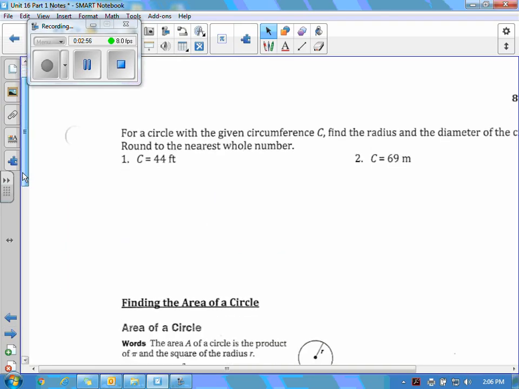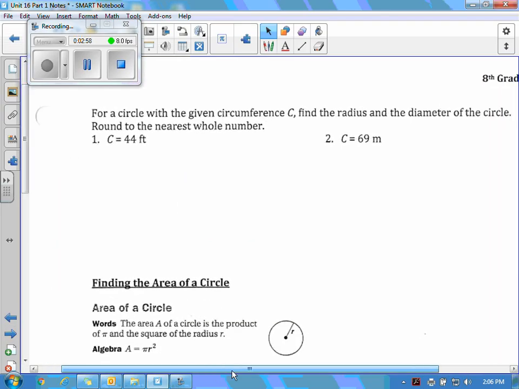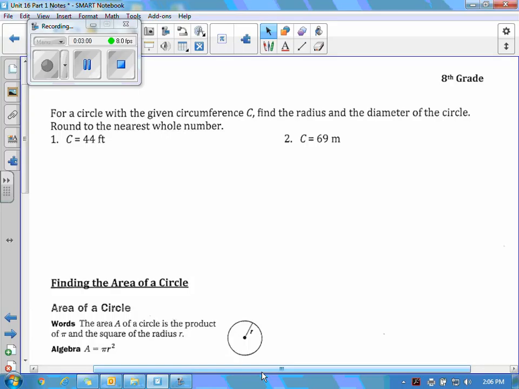On the back side is what might be new. It says, for a circle with the given circumference, find the radius and the diameter of the circle, round to the nearest whole number. So we're going to kind of undo the equation that we have. First off, we know that our equation is circumference equals pi times diameter, or 2 pi r. When we're doing things like this, it's going to be easier to use the pi times diameter formula. I know that my circumference is 44.